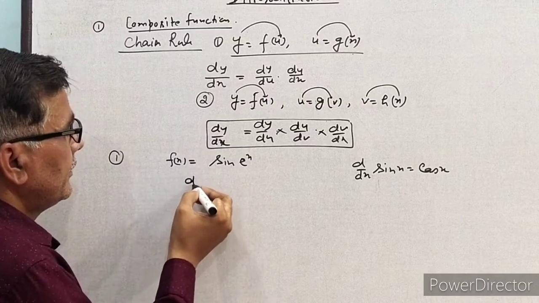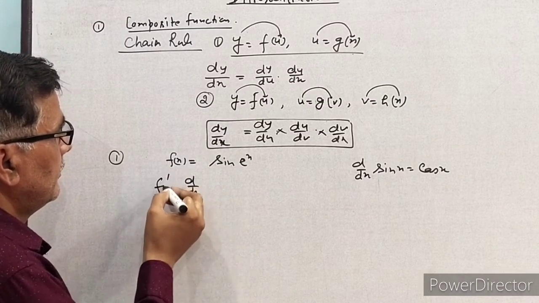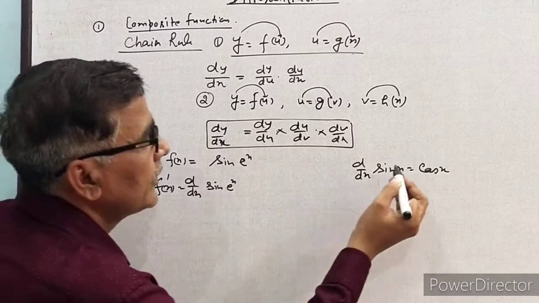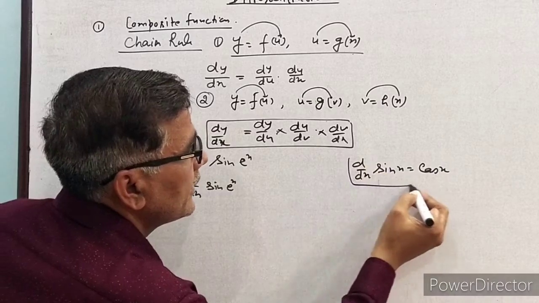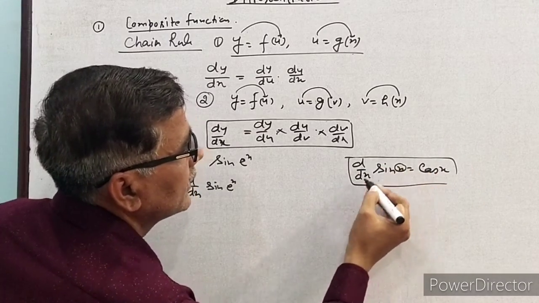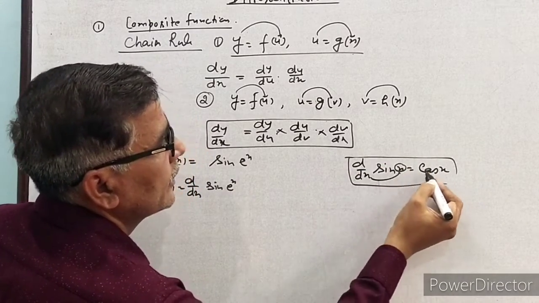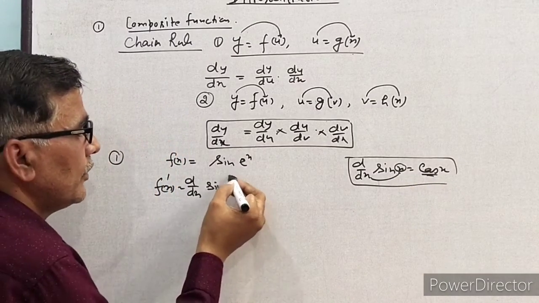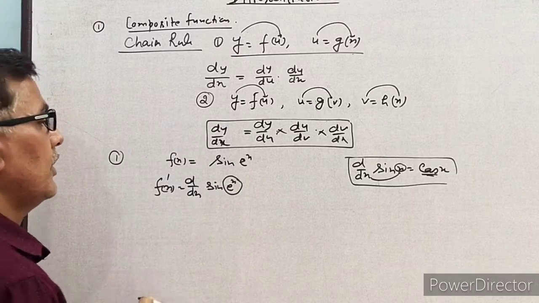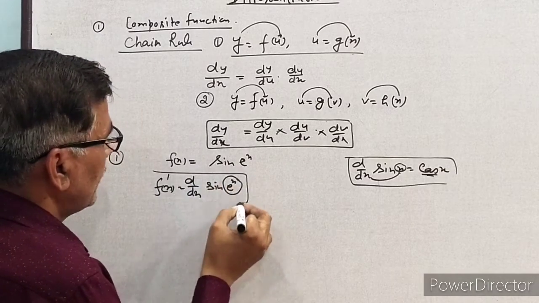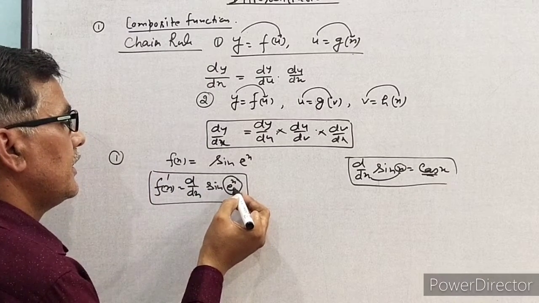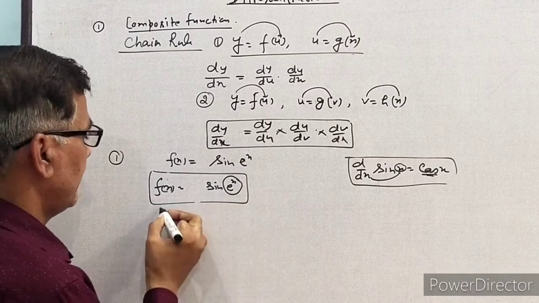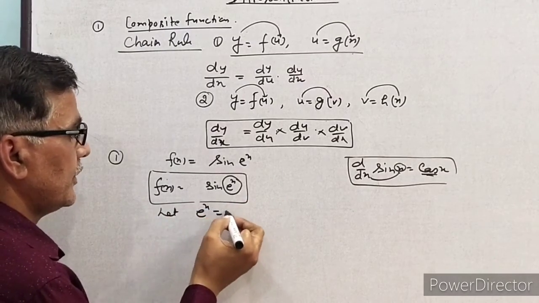When we differentiate sin e raised to x, see, in the standard result we have x and we are just differentiating with respect to x, so the derivative of sin x becomes cos x, while here we are having e raised to x. To differentiate such a function, we first have to consider, let e raised to x is equal to u.